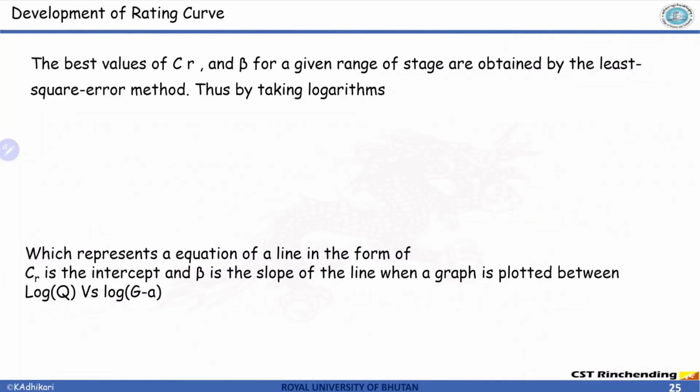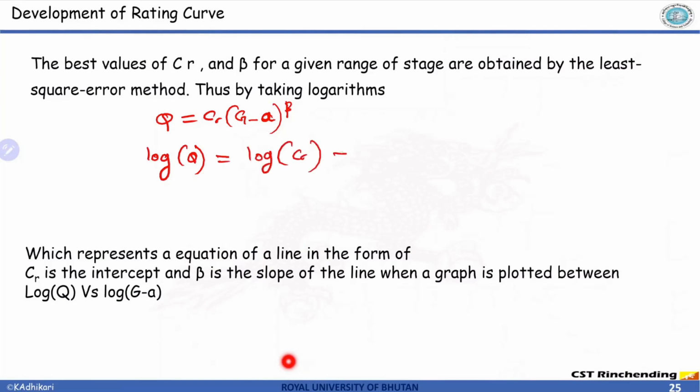So our main equation is, as I have already shown you, Q equals CR times (G minus A) raised to beta. Now we can take the logarithm on both sides. So we'll have log Q is equal to log of CR plus beta log of (G minus A).